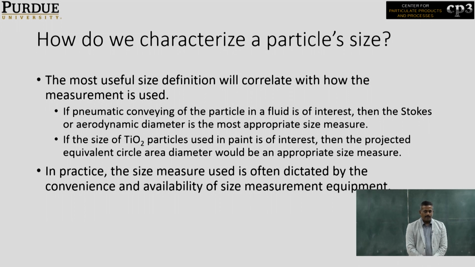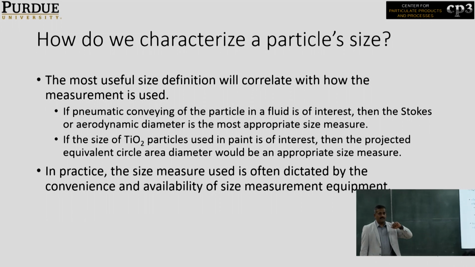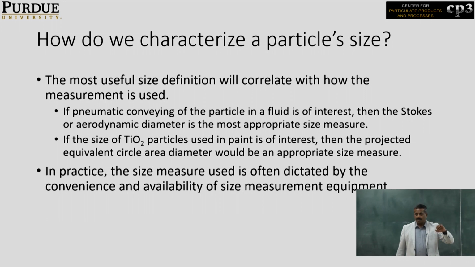But you should not use the same sieve size for other purposes. So when you are measuring, make sure you are measuring the accurate size for the purpose that you want to use it for. Same with dissolution, mostly surface area; depending on the purpose, you will have to use the appropriate size measure.